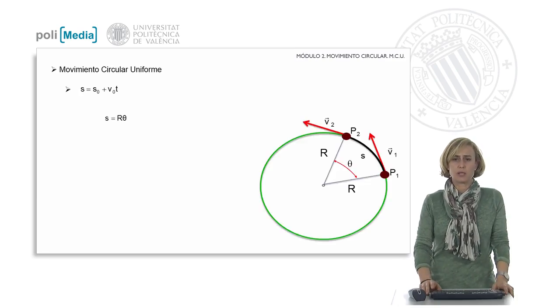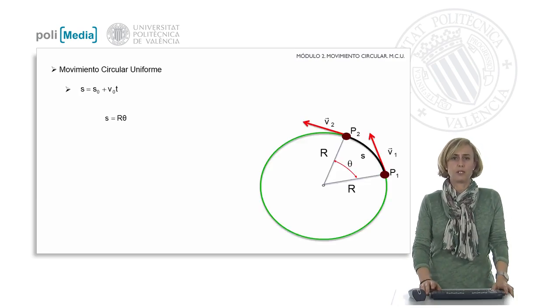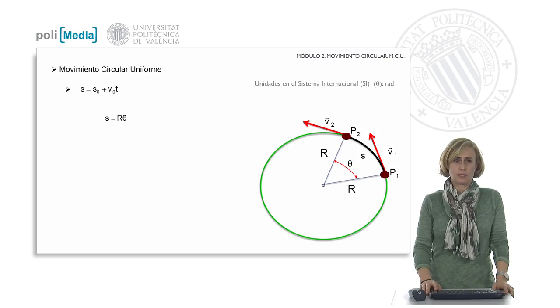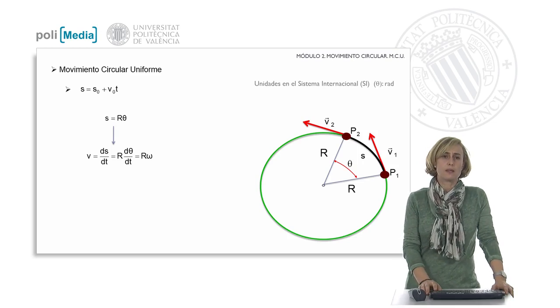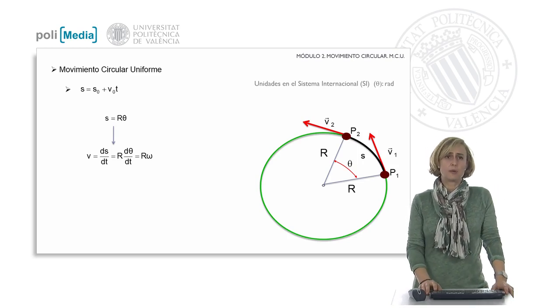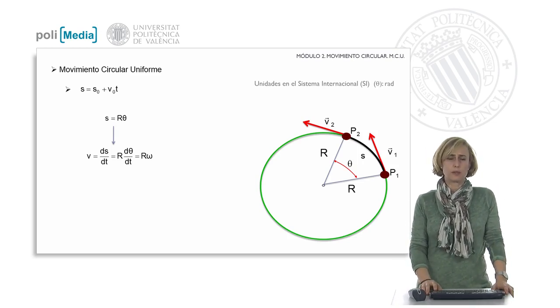If this displacement is made between point P1 and P2, the relation that exists between the displacement s, the radius r, and the angle that covers this displacement is s equal to r times theta. This angle is measured in radians. If we derive this expression with respect to time, we obtain that the velocity is equal to r times the derivative of theta with respect to time.